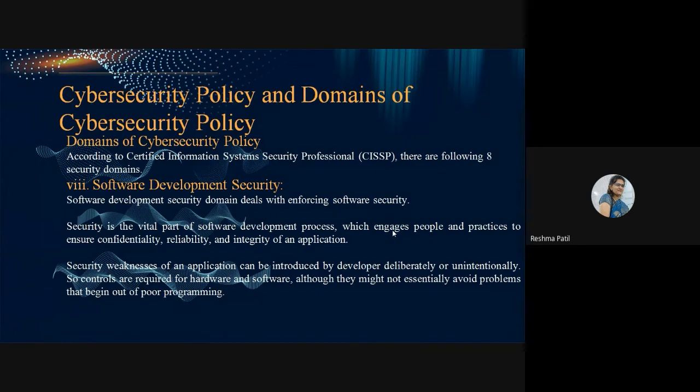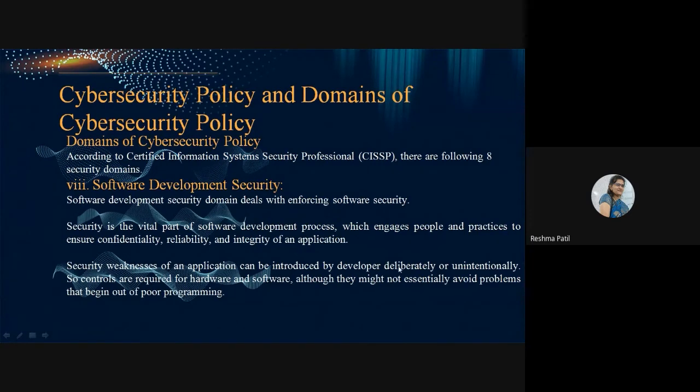of your information. Security weakness of an application can be introduced by a developer. So here is a developer who can introduce an error into your application. That is a weakness. That weakness can be introduced by the developer deliberately or unintentionally.